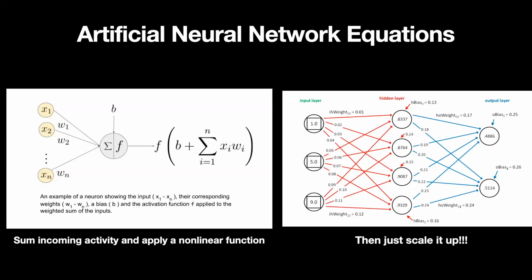Basically all the neuron does is take the activity of the neurons connecting to it, multiply that activity by the weights, and sum all of it, right? And then you apply some function to it. So you apply a tanh to that, and then you propagate that information.